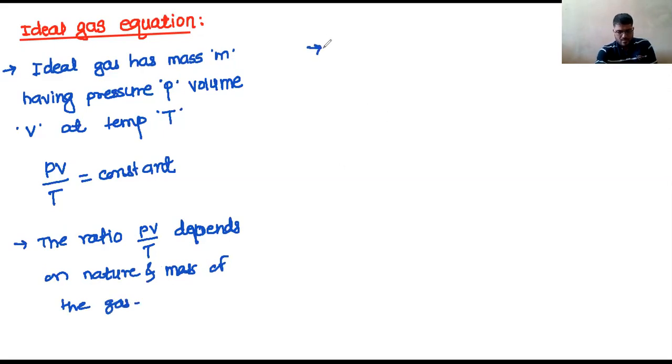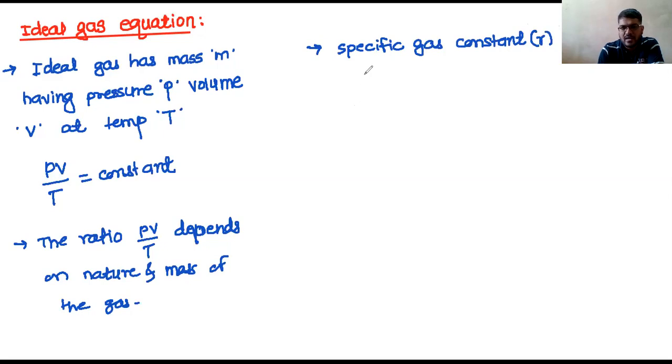So, what is the specific gas constant? The specific gas constant is denoted by small r, and this small r is equal to PV by T per unit mass.